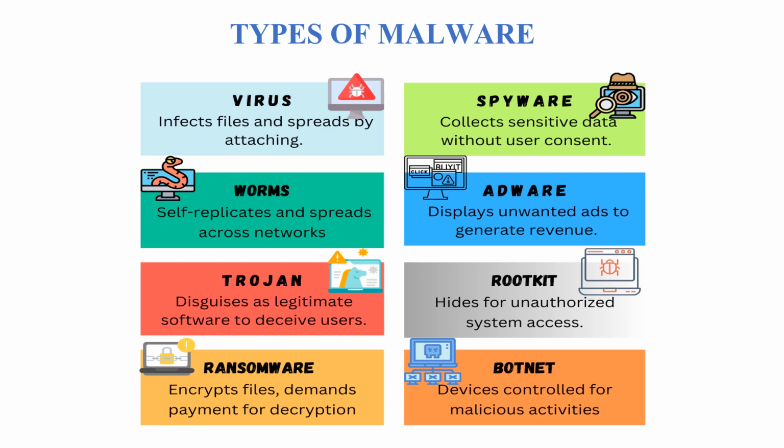Rootkit is a kind of malicious software which allows the attacker to remotely access the system or gain unauthorized access. Botnet. Botnet means self-replicating malware which spreads and creates a network of bots or devices which are controlled for malicious activities. So these are the basic types of malware which we have seen now. Next, we will see what is malware forensics.